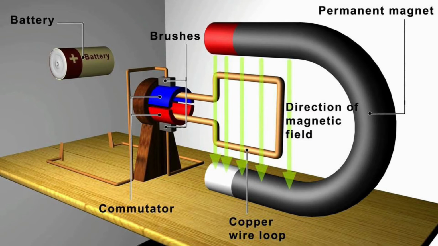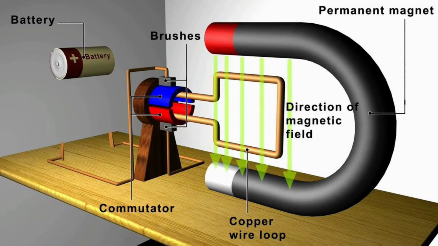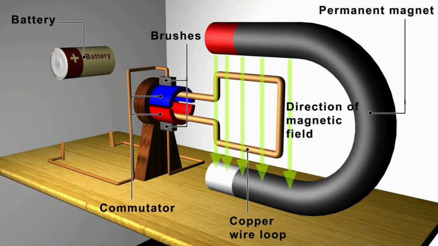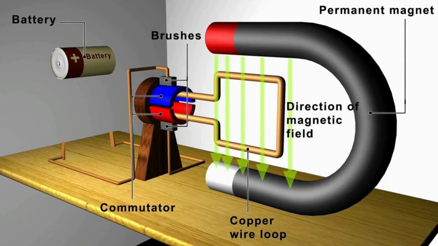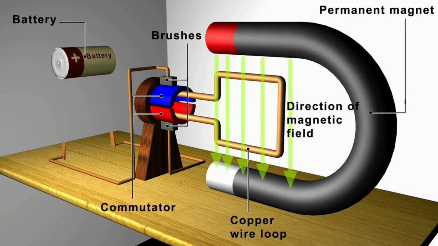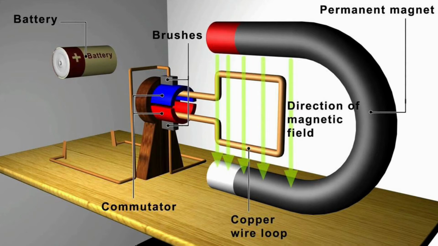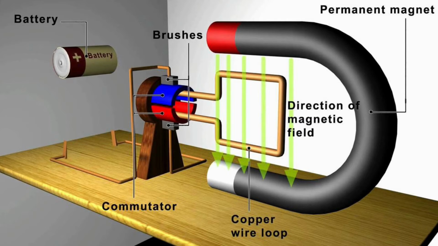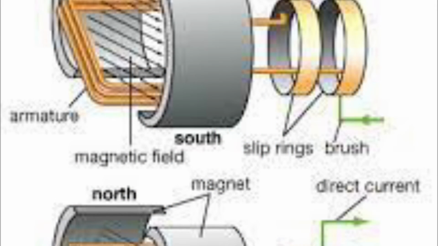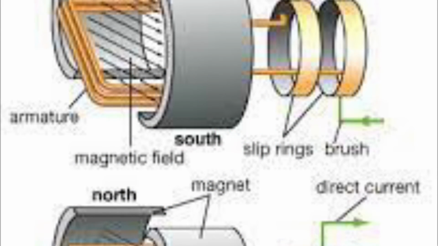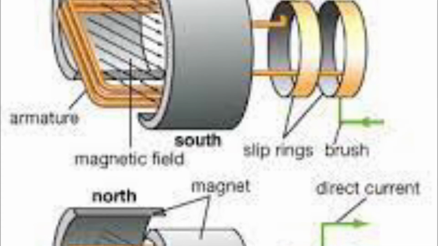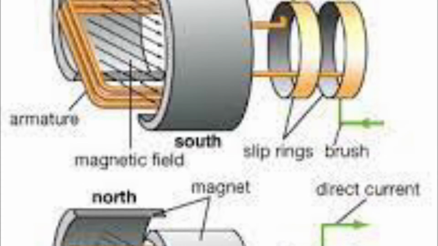Commutator is two rings of metal, each connected to one wire only, and they is connecting to brush so that there are the flow of electric current.